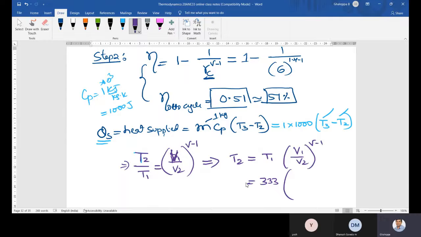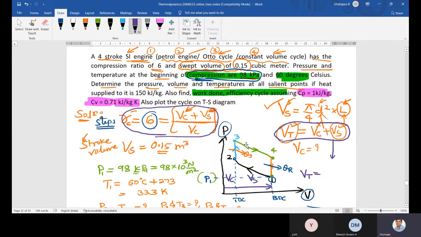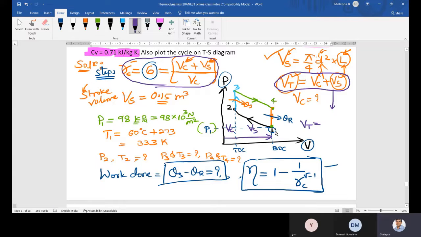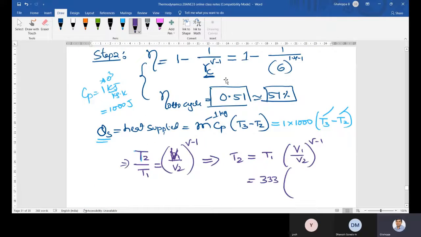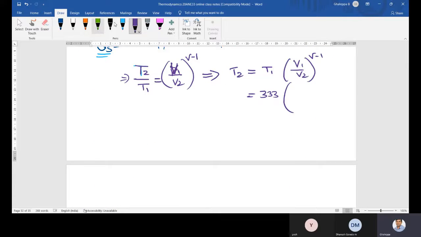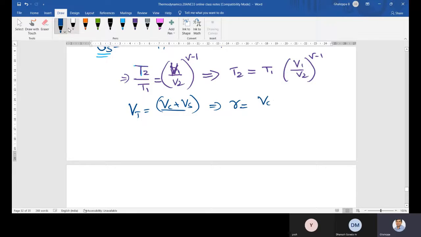What is V1 in the given PV diagram? V1 is the total volume. Total volume he has not given directly. Total volume is the sum of clearance volume and stroke volume. So the total volume is equal to Vc plus Vs. And the compression ratio is Vc plus Vs divided by Vc.